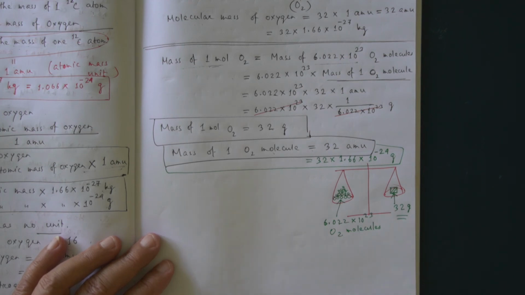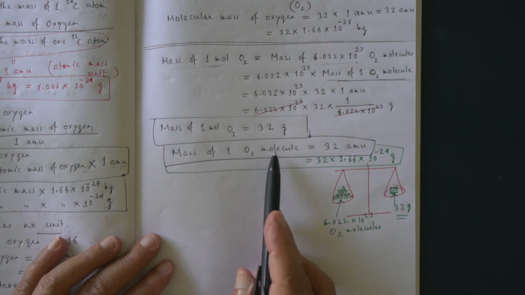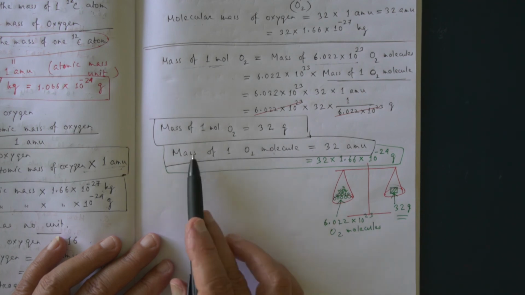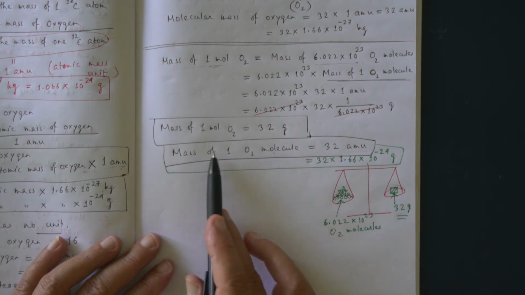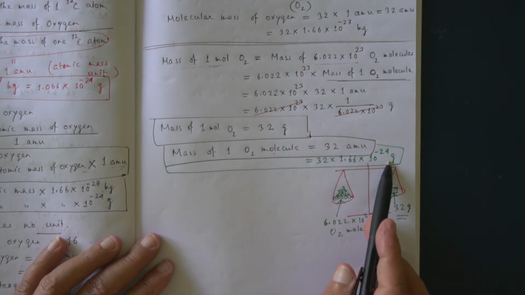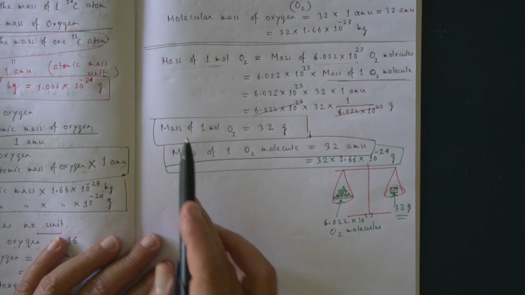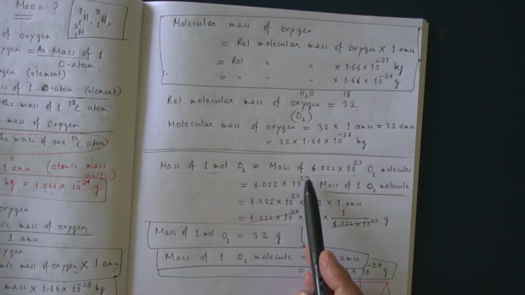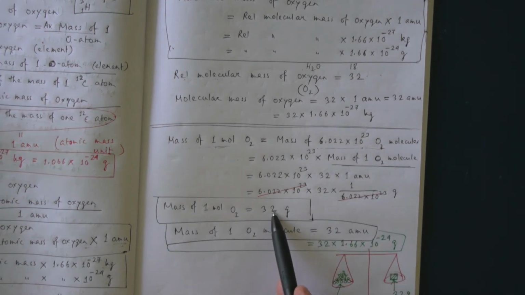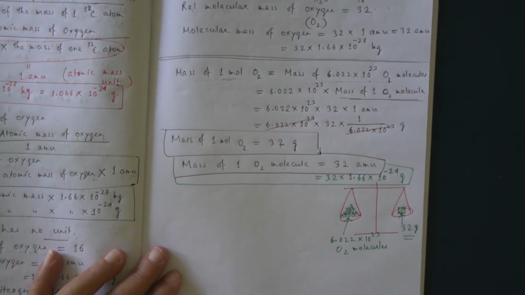You should remember. So the mass of one oxygen molecule, that means molecular mass, is 32 AMU, that means this much gram. But mass of 1 mole O2, that means mass of this much O2 molecules, is 32 gram. You see?